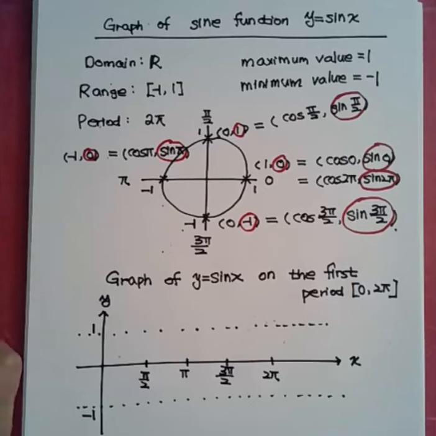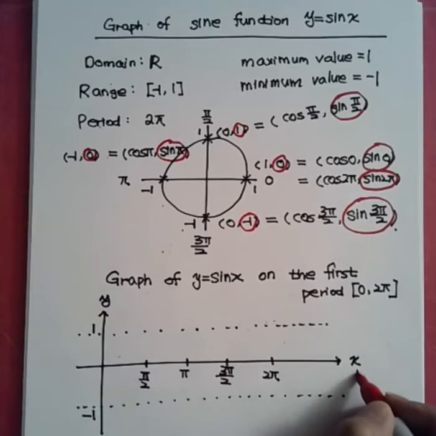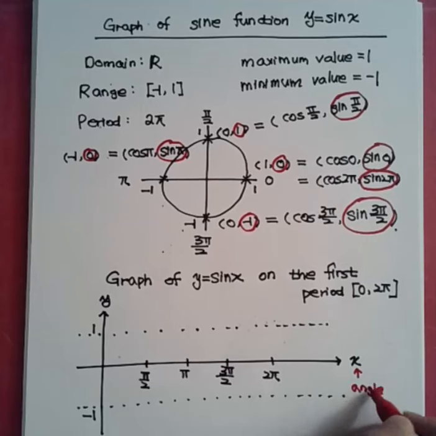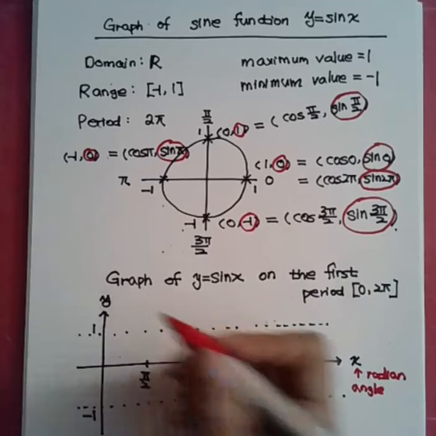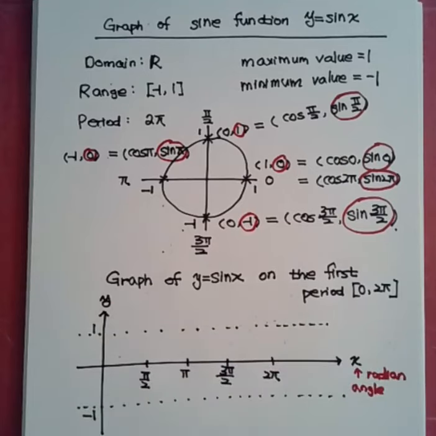Here x represents a radian angle, and y represents the y value on the unit circle.